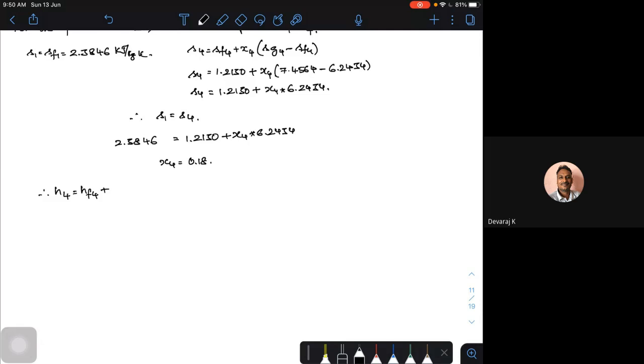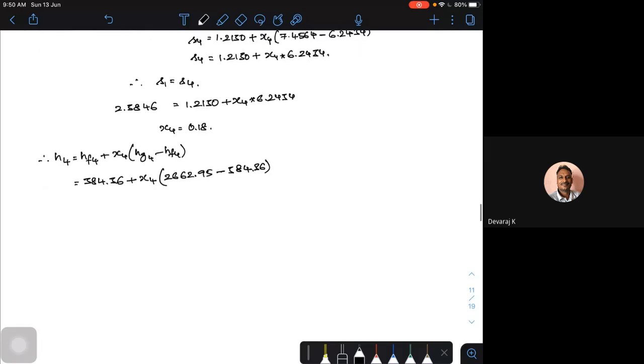So therefore, the enthalpy at point 4, that is H4, is equal to HF4 plus X4 into (Hg4 minus HF4). Now let us substitute each and every value. HF4 is actually 384.36 plus X4 into Hg, which is 2692.95, minus 384.36.